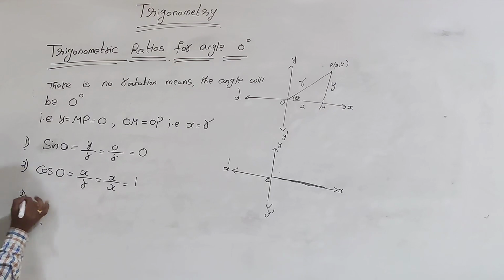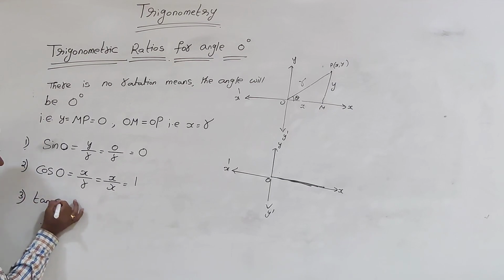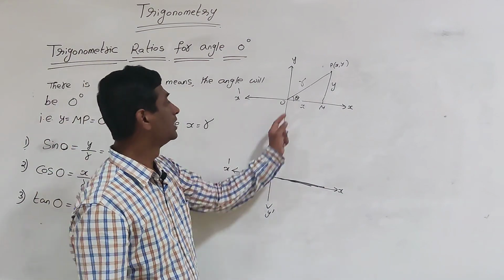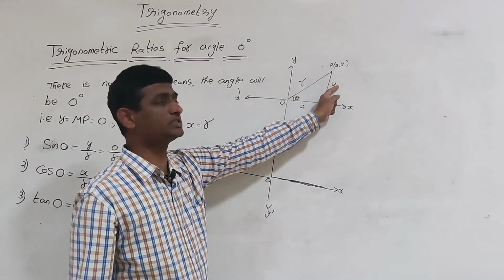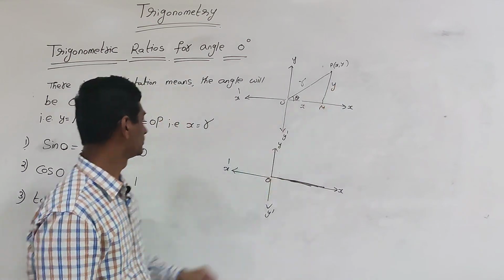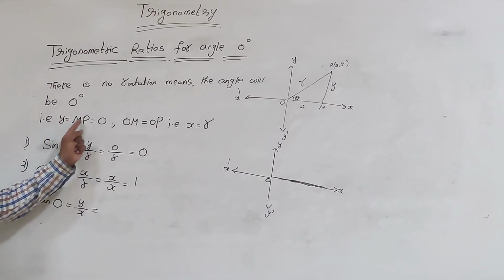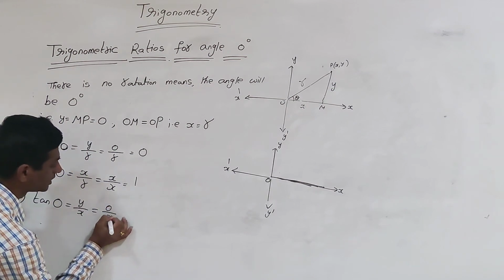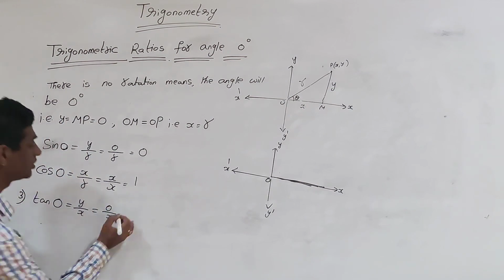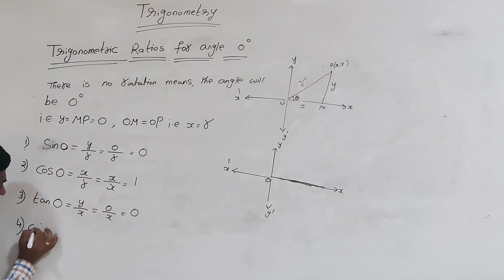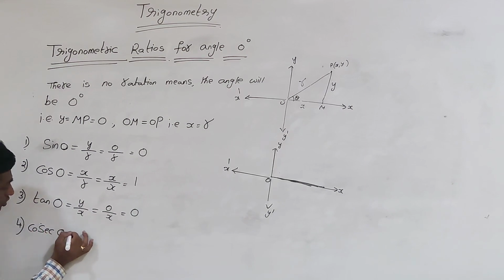Next, third, tan 0. As per the standard notation, tan theta is opposite side by adjacent side, y by x. But y is 0, and 0 by any value is always 0. So tan 0 is 0. Next, fourth one, cosecant 0.